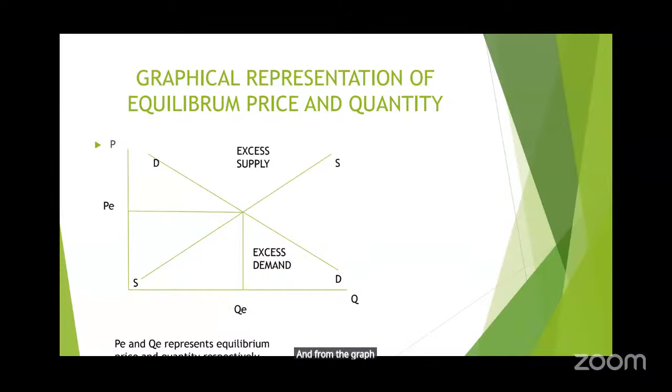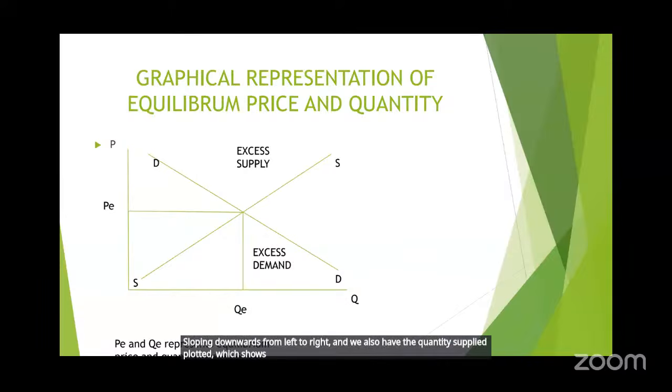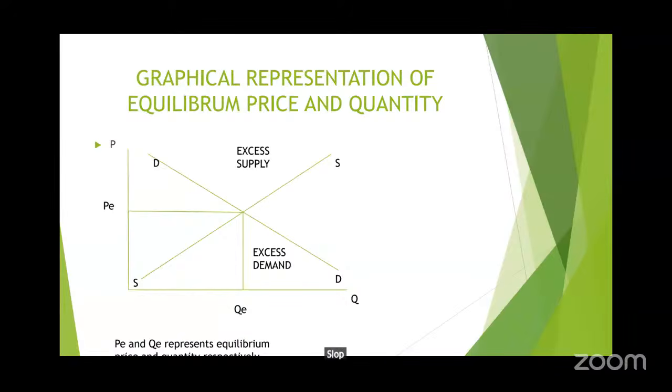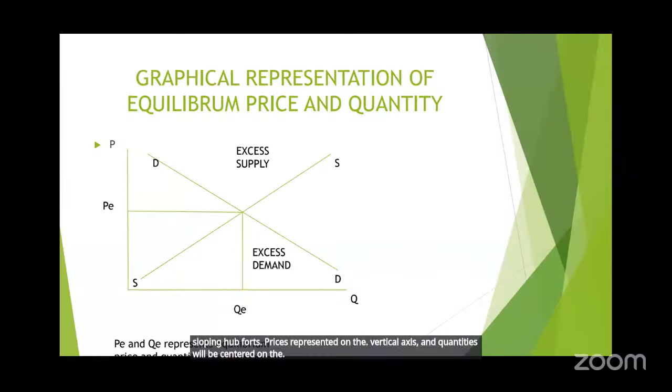If you look at that graph very well, we have the demand curve sloping downwards from left to right, and we also have the supply curve sloping upwards. Price is represented on the vertical axis, and quantity is represented on the horizontal axis.